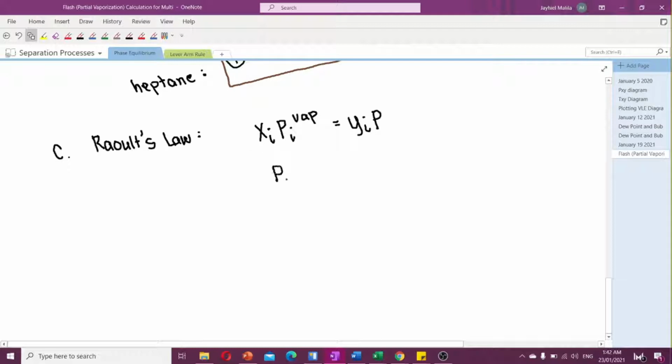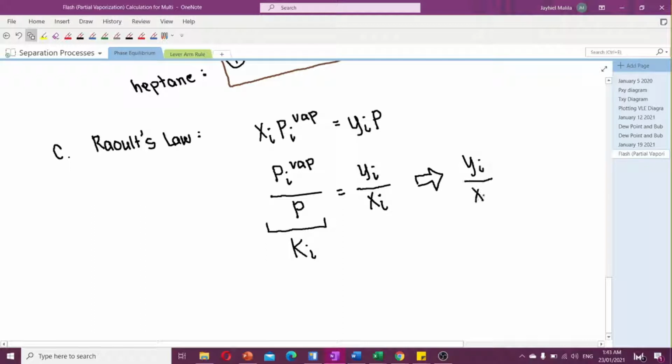So we have pi vap over P equal to yi over xi. We can transform this portion of Raoult's law in terms of Ki, so yi over xi equals Ki. So we're going to establish another equation.